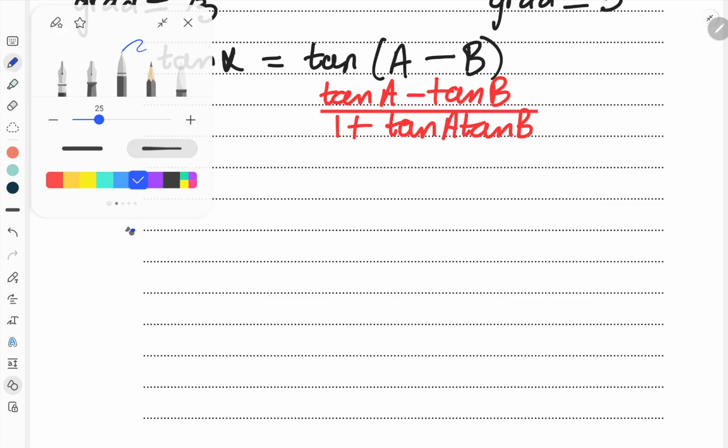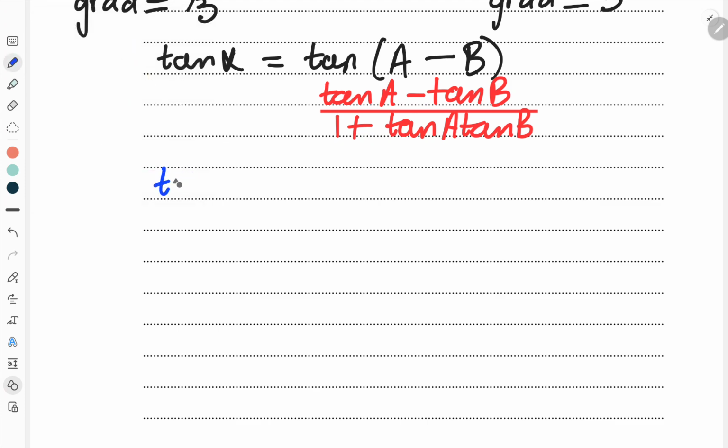So let us substitute. Tan of alpha becomes tan of A, which is 3, minus tan of B, which is 1/3, over 1 plus the product of the two tan functions.